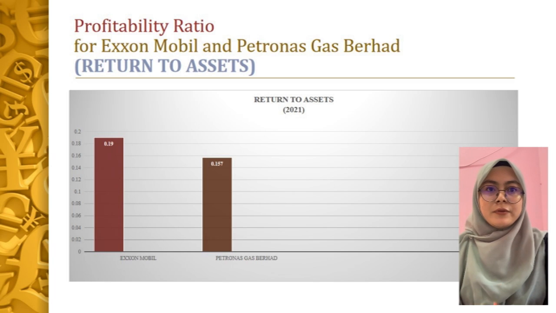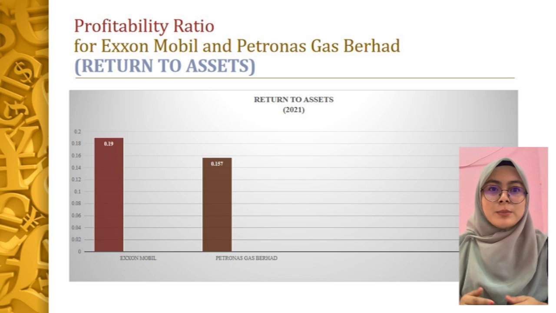The return on assets for ExxonMobil is 0.16 and 0.157 for Petronas Gas Berhad. The total difference between both firms is 0.033. It indicates that ExxonMobil is more profitable relative to its total assets than Petronas Gas Berhad.